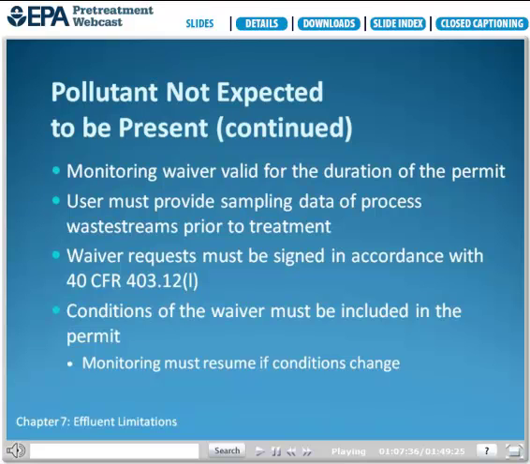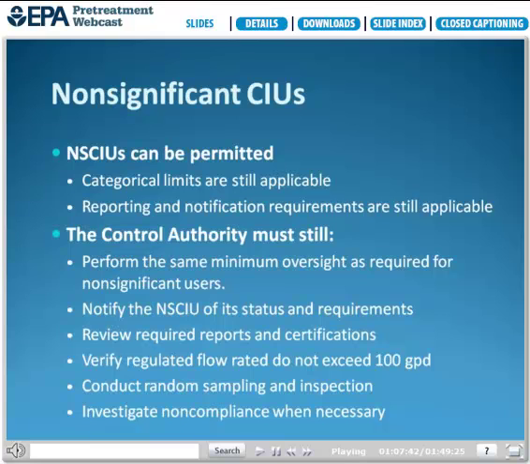Non-significant CIUs, I really expect that there's very few. We've only identified about 6 that could possibly qualify in the state of Michigan. However, we do not have this in our rules and do not allow non-significant CIUs not to be permitted. Because non-significant CIUs are no longer considered significant industrial users, there's no federal requirement to control these users through a permit or any other control mechanism.